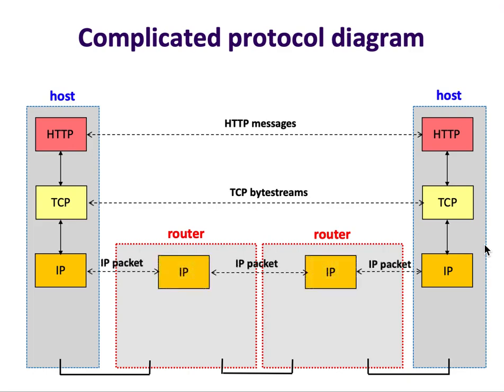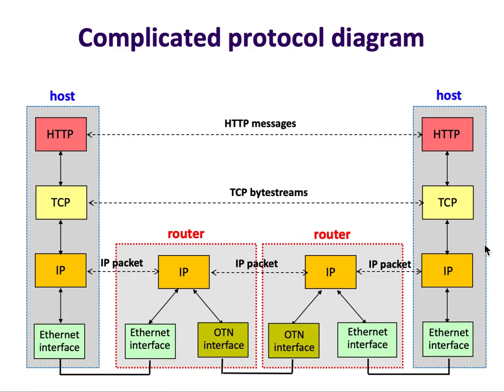That IP logically is speaking to the IP layer in the other routers and switches. But physically, what that IP layer is going to do is send the message down to the data link layer implementation. In our case, that's Ethernet running at that end host. And then that Ethernet interface finally is the thing that puts bits out onto the wire.